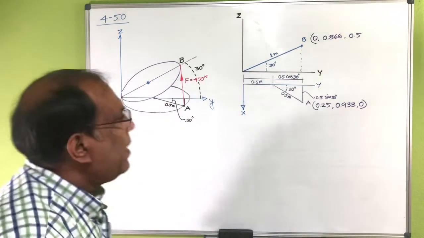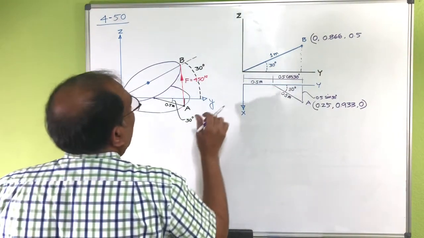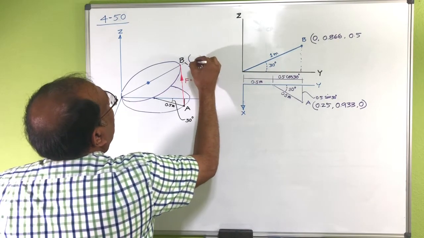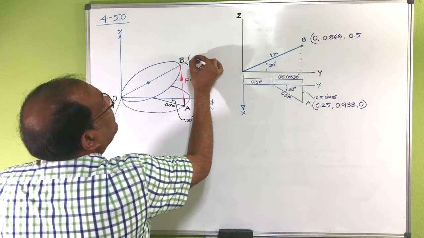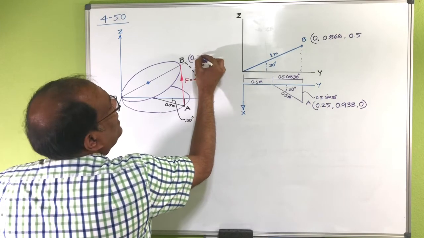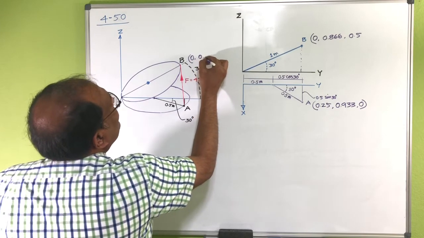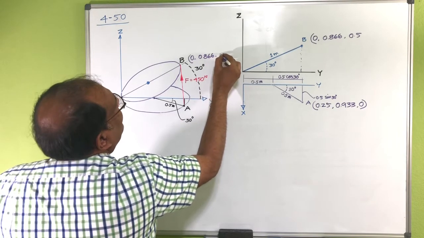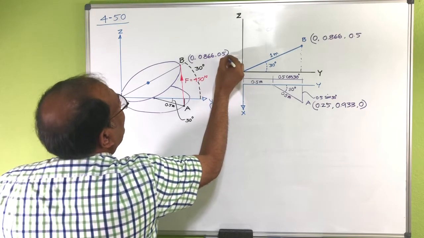Okay? Now let me put that one here so that it will be easier for us to solve the problem. So B is 0, 0.866, and 0.5 here.